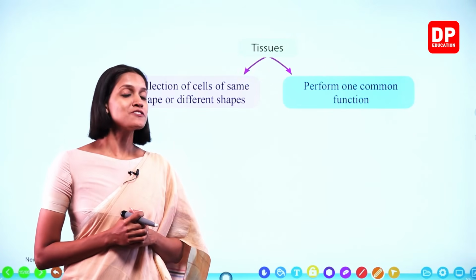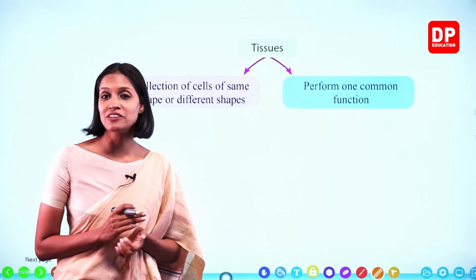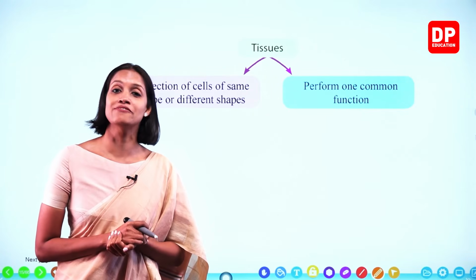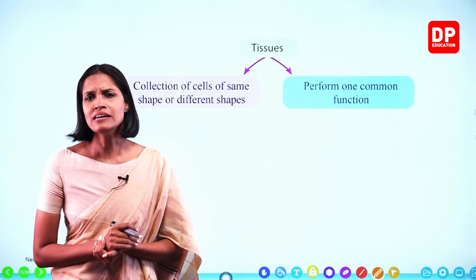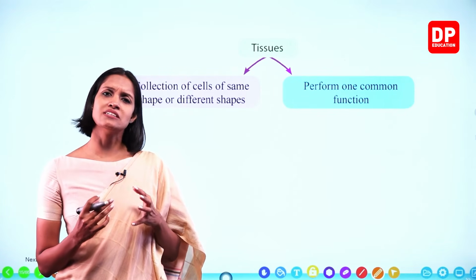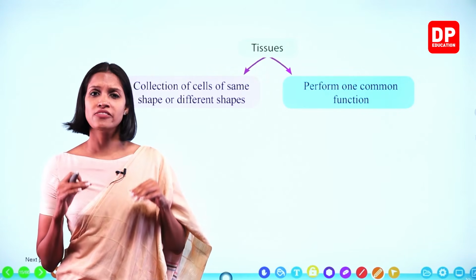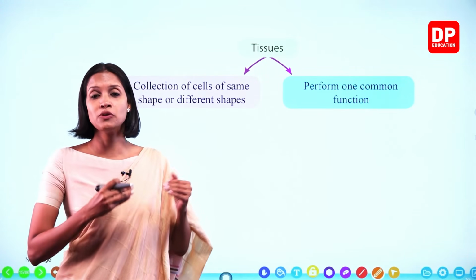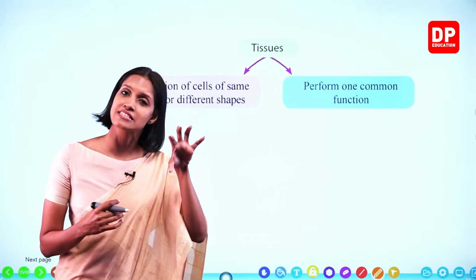Right, children? So we have completed the first chapter of this lesson. Under this chapter, we learned about the organizational levels of living beings or organisms. We learned that some organisms are present as only a single cell. These are known as unicellular organisms. They have a very simple structure. They don't have different levels because their only level is the cell level.